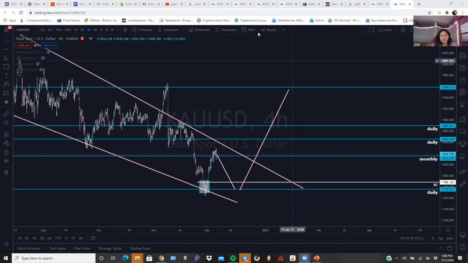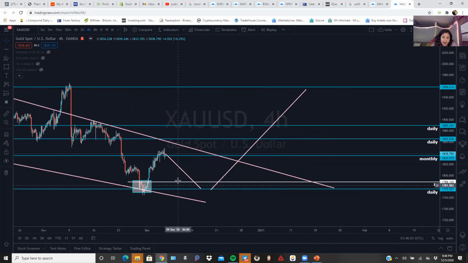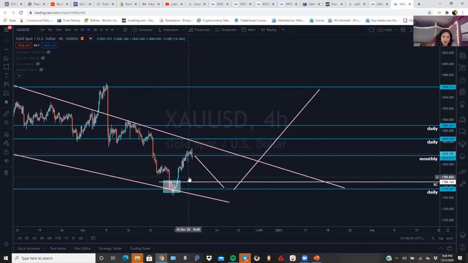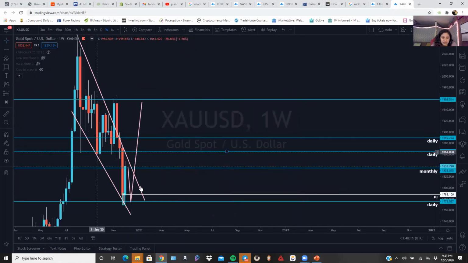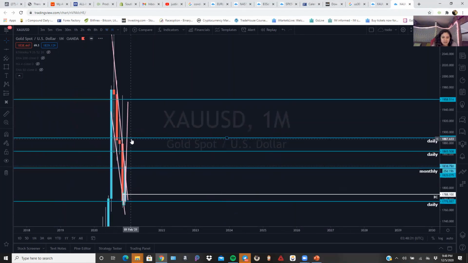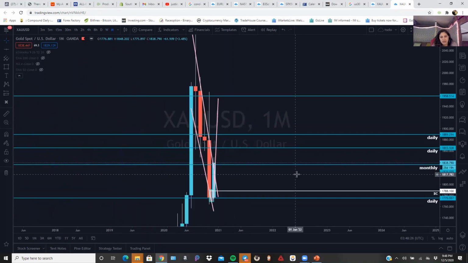So this is what I particularly like with gold. I want to see this monthly rejection coming back in, simply because it looked really nice on the weekly, the way it broke through and retested. It closed slightly above. It's nothing major on the monthly either.